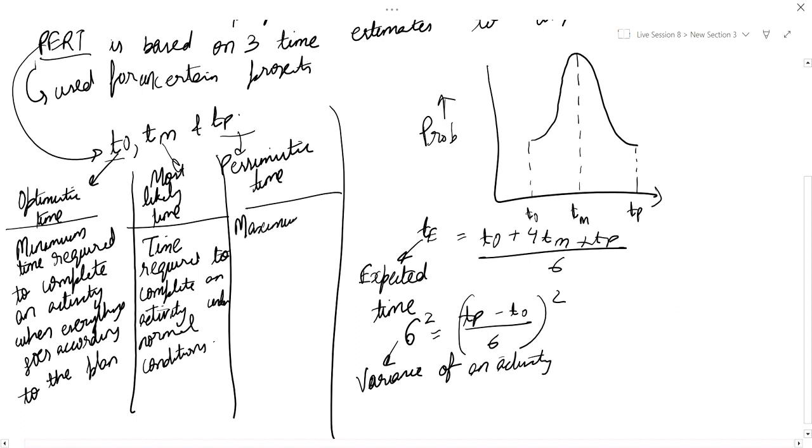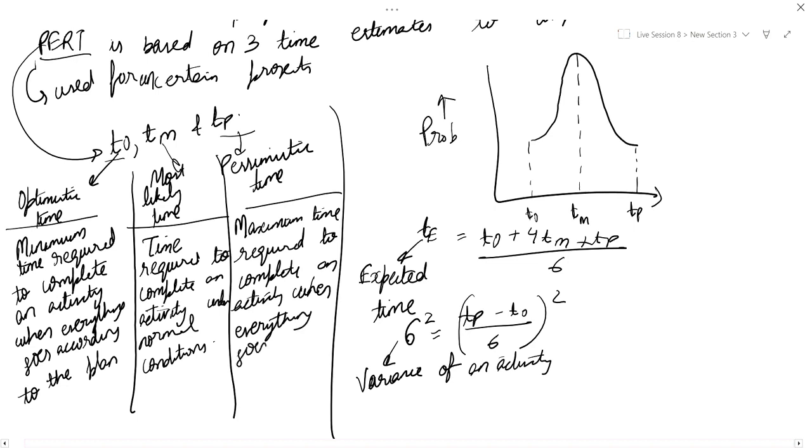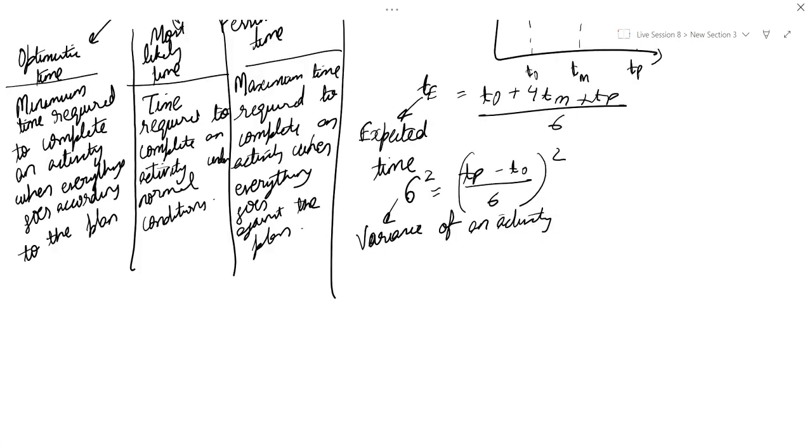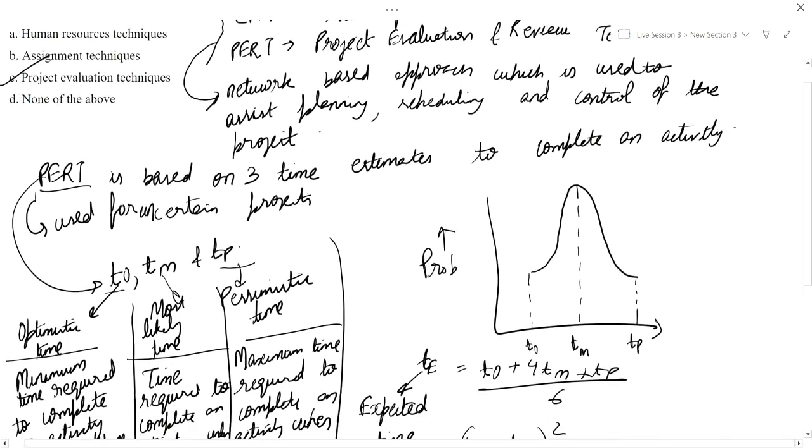Maximum time required to complete an activity when everything goes against the plan. T naught, Tm and Tp.